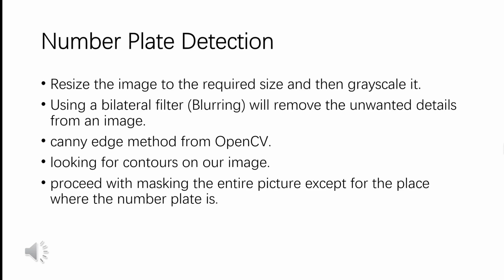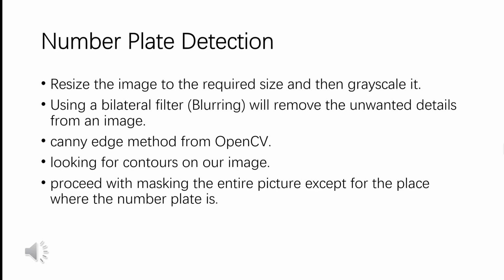The third step is interesting, where we perform the edge detection, and there are many ways to do it. The most straightforward way is to use the Canny edge method from the OpenCV library. After that, once the contours have been detected, we sort them from big to small and consider only the first 10 results, ignoring the others.